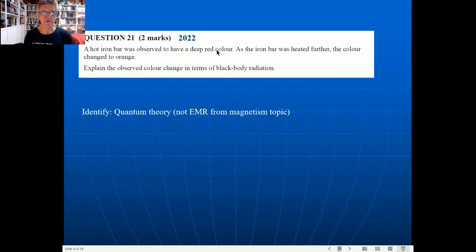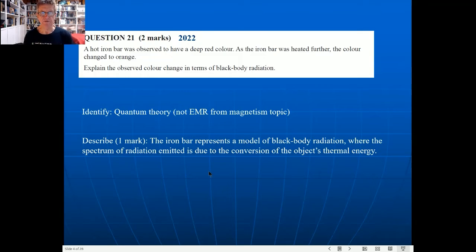We're not talking about electromagnetic radiation, the spectrum of light or anything like that. It's mainly about the blackbody radiation part. So the description might be that the iron bar is a model for the blackbody radiation, and so as you heat it up, the object's thermal energy is converted into radiation, and the spectrum is due to the conversion of that thermal energy.